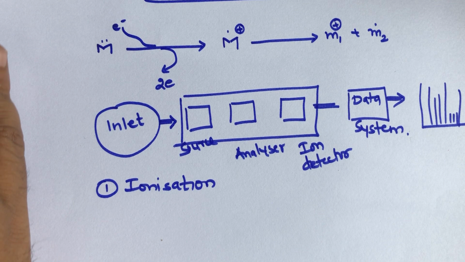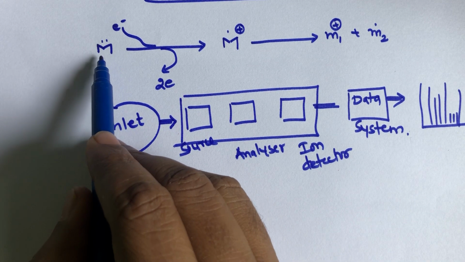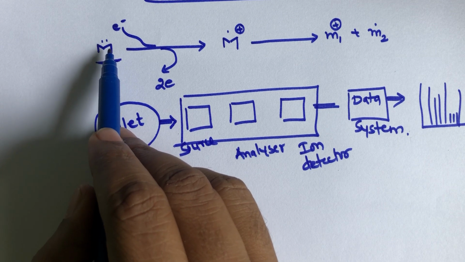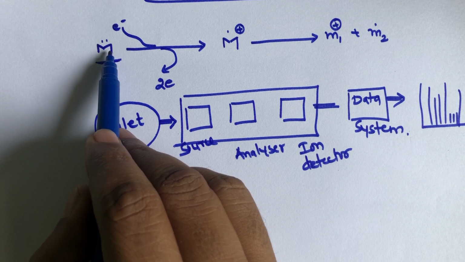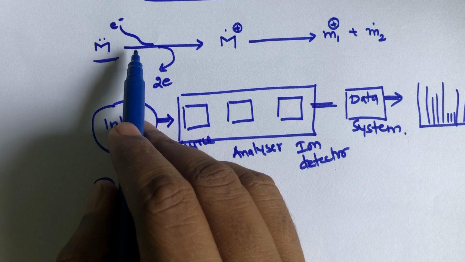The most important step in obtaining the mass spectrum is to ionize the sample under examination. Think that this is the sample under examination. It has to be ionized first. The minimum energy required to ionize an atom or a molecule is called its ionization potential.